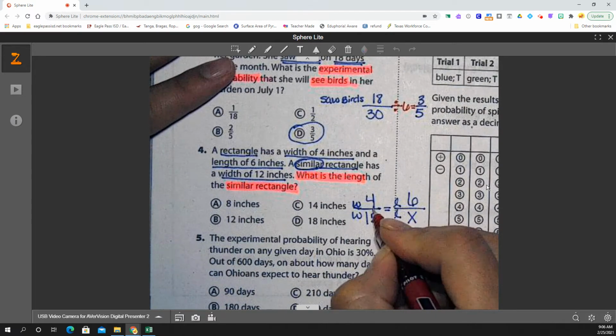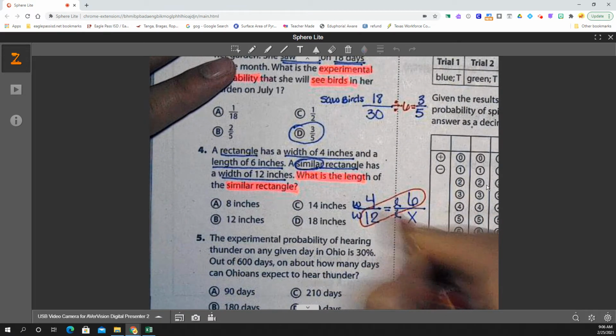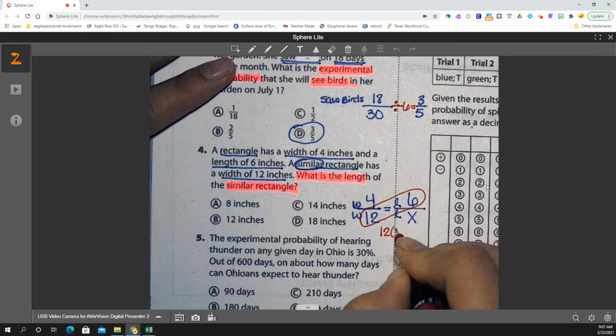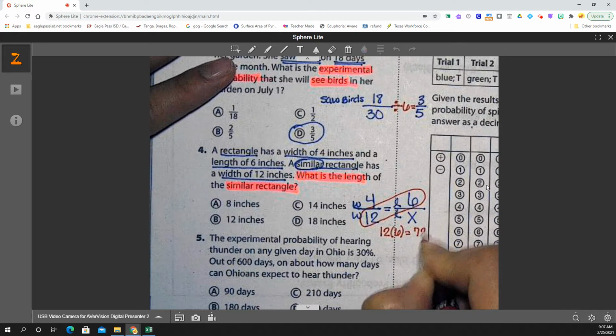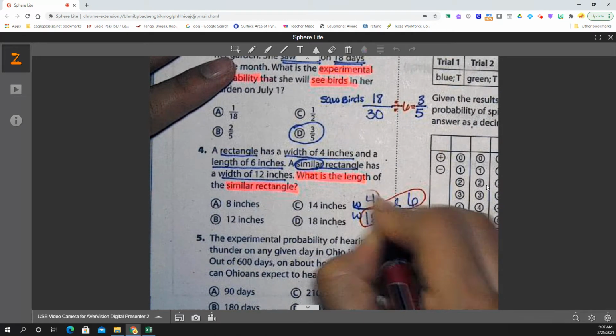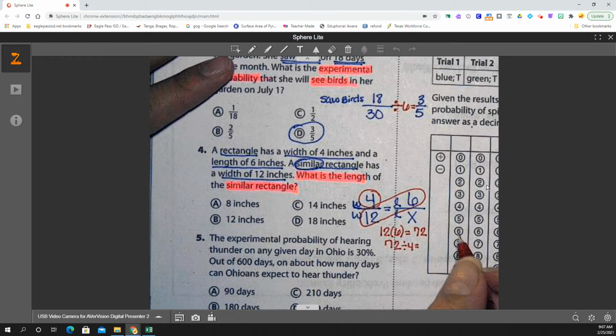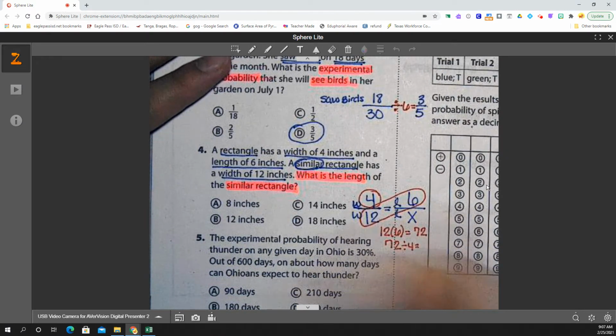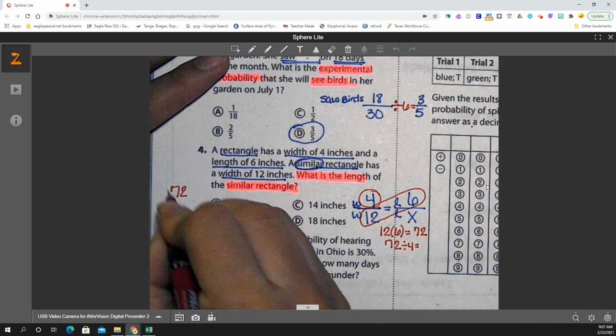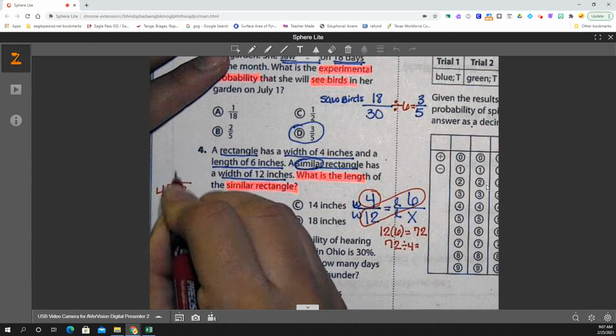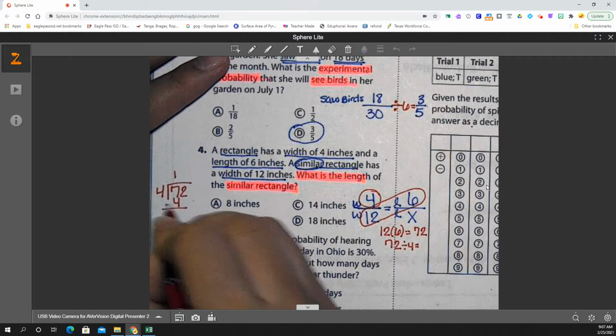So we're going to do 12 times 6, 72. Whatever is left over, we divide by the leftover number. You get 72 divided by 4. I'm actually going to do that here. Goes in once.